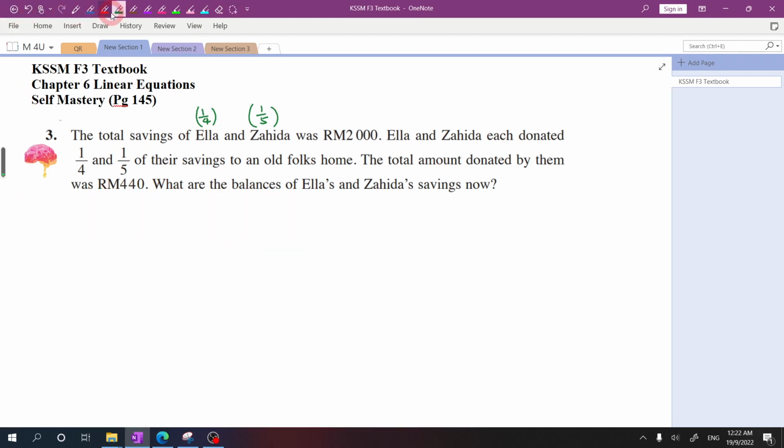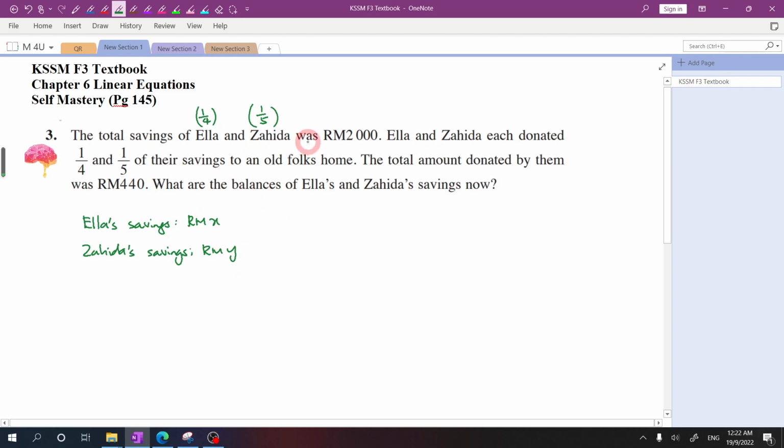You can just write Ella saving RMX, Jahida saving RMY, as long as the teacher knows what is represented by X and Y.